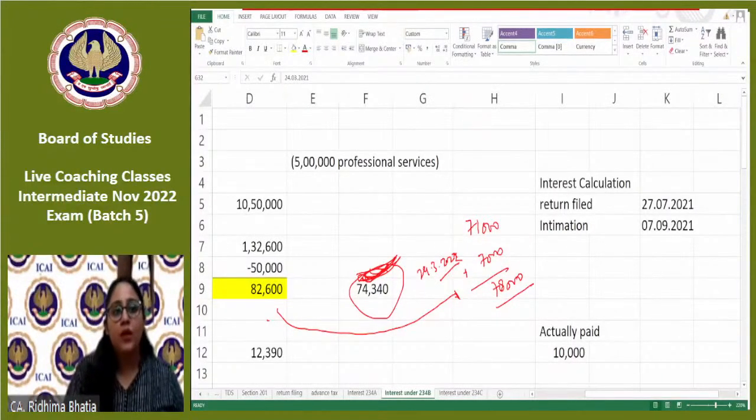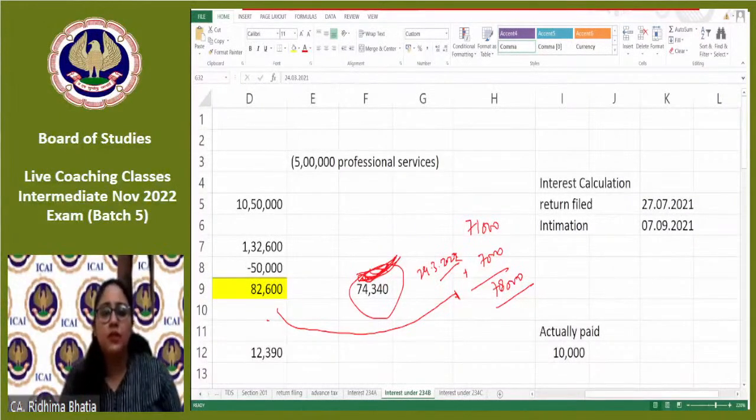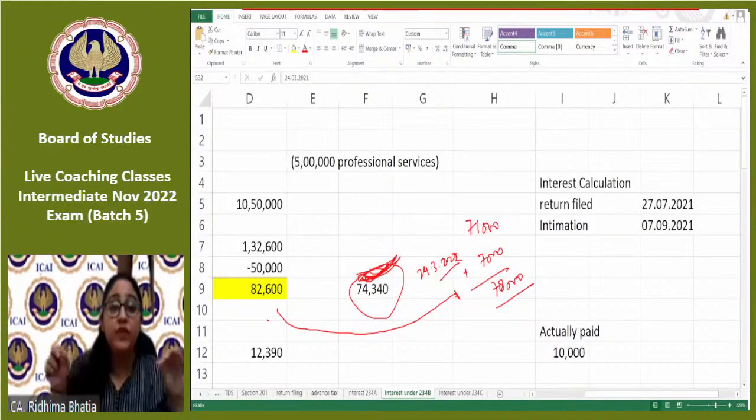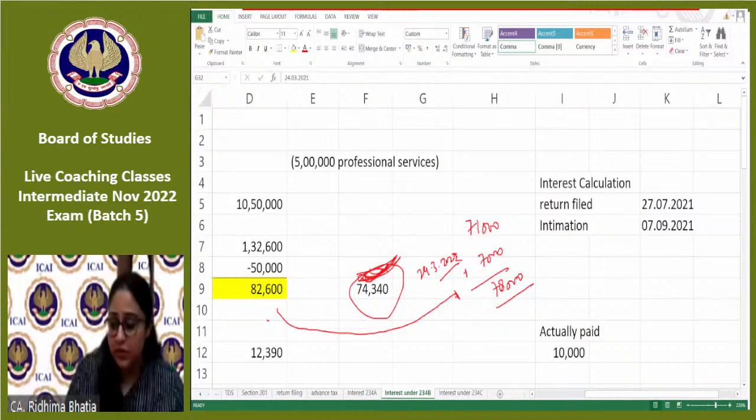Okay. Now, one thing which might be coming in your mind after doing 234B is that now what is the relevance of installments then? Because a person can avoid interest under section 234B by depositing everything on 31st March of the previous year, correct?